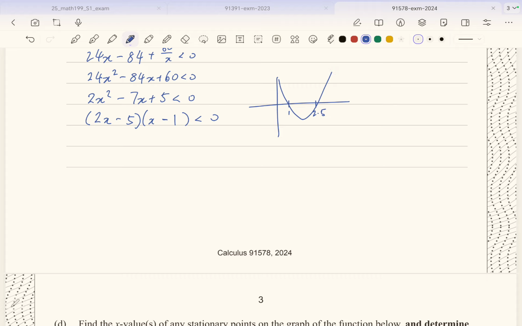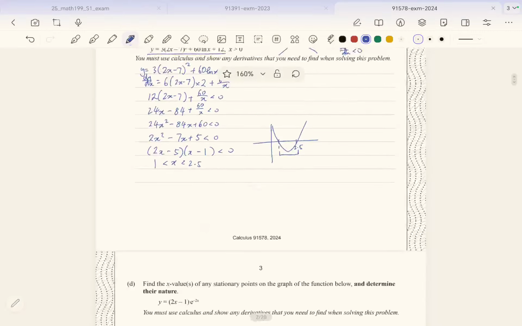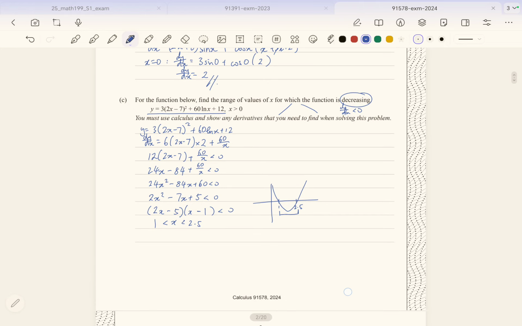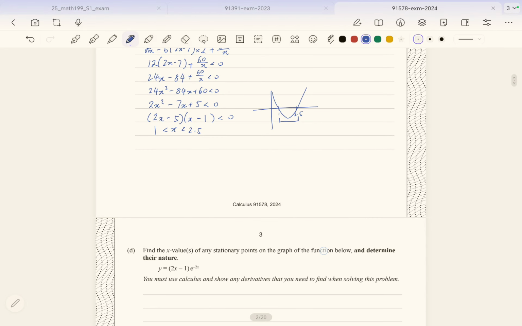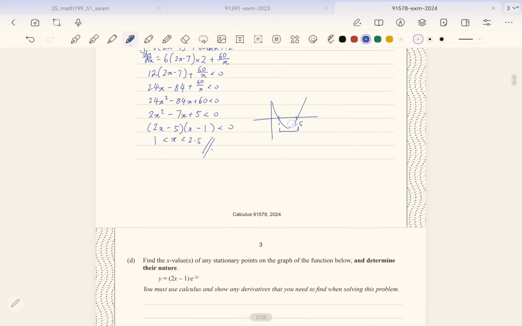To solve this inequality, we're trying to find when this parabola is less than 0, and that's this part, which is when x is between 1 and 2.5. So 1 less than x less than 2.5, and that is the range of values of x for which the function is decreasing. There you go. That's part C done.